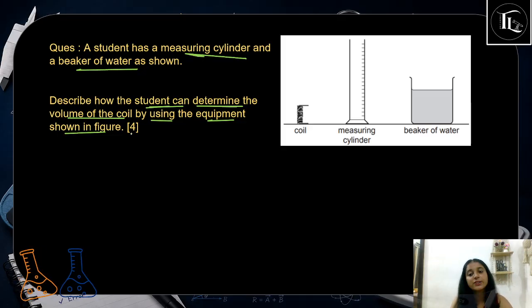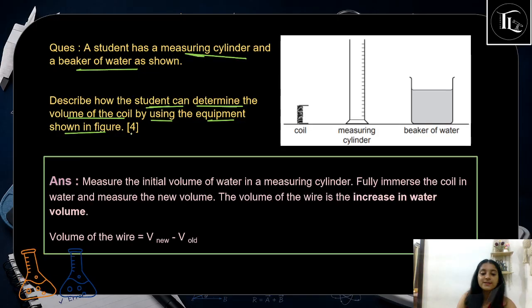You take the water, pour it in the measuring cylinder, note down the initial reading, immerse the coil completely in the water, and then measure the new reading. Subtract those two readings, the new one and the old one. The increase in the water level, which is shown in volume, is the volume of the wire too. So you get the answer.